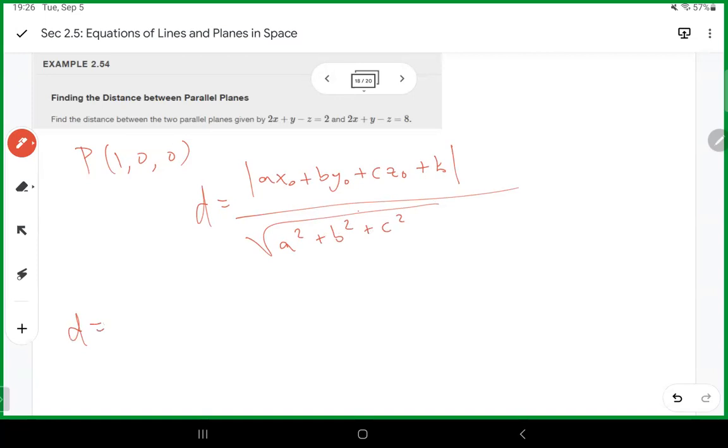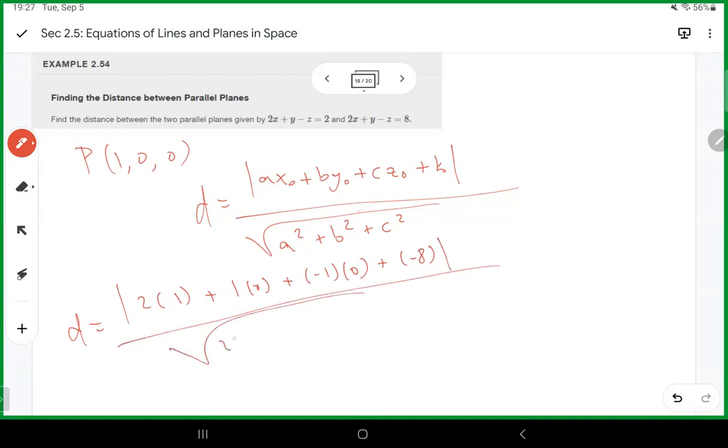So that is going to give us the absolute value of 2 times 1 plus 1 times 0 plus -1 times 0 plus -8 over the square root of 2 squared plus 1 squared plus -1 squared.